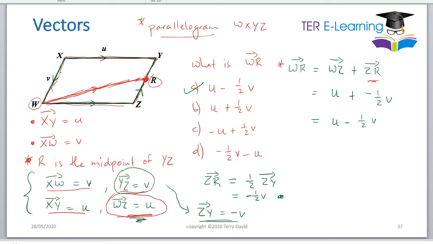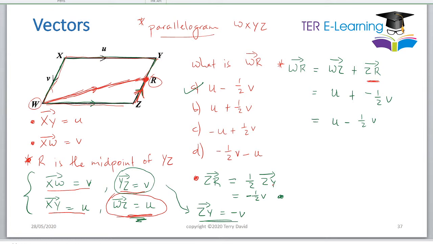Now, I need to know what ZR is in order to figure this out. But ZR is going in this direction. Direction is important. ZR is going this way, right? So ZR is actually the midpoint. So this is what I'm going to use to find ZR. ZR is the middle of Y and Z. So this ZR is equal to a half ZY, right?